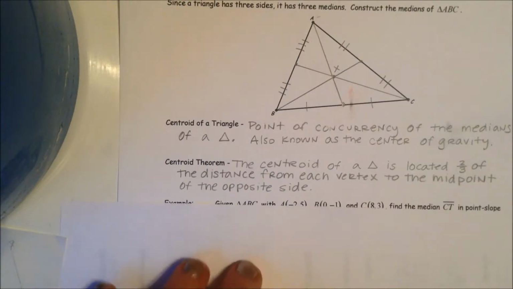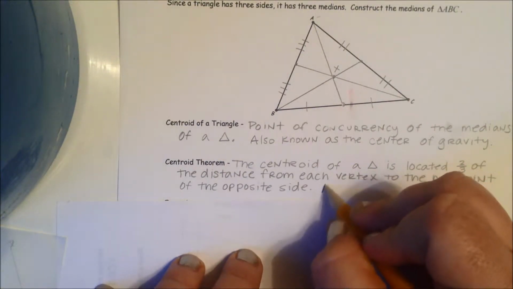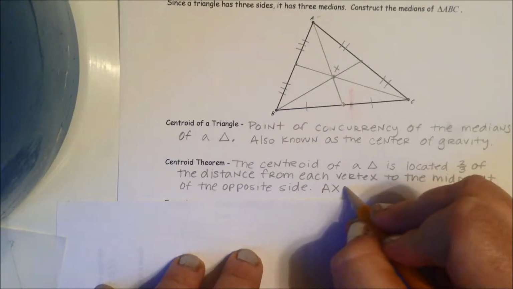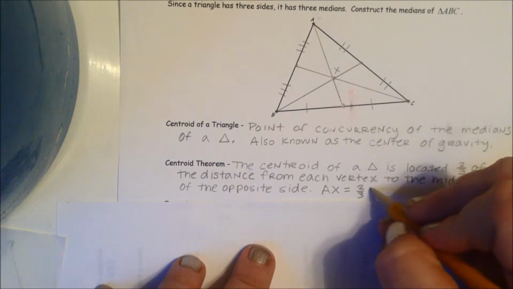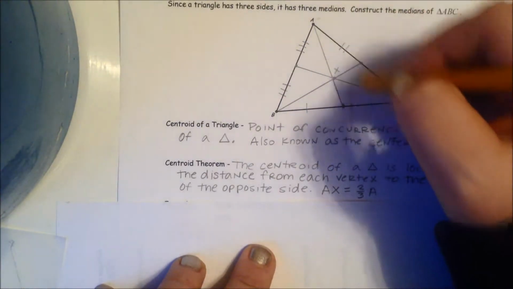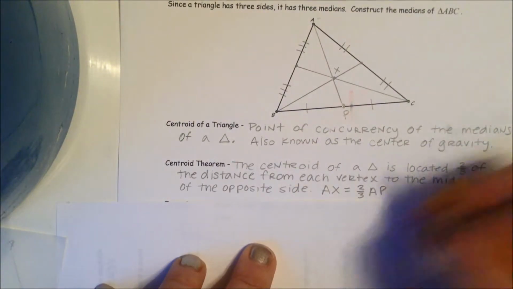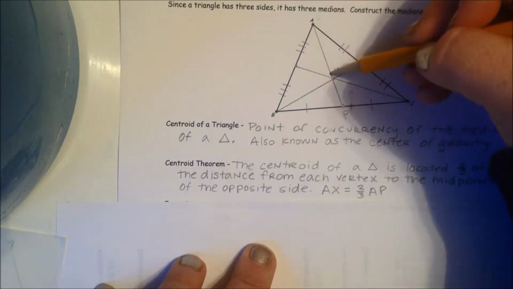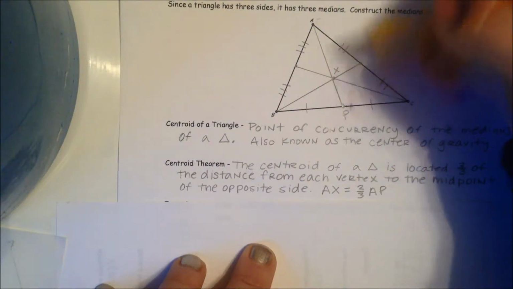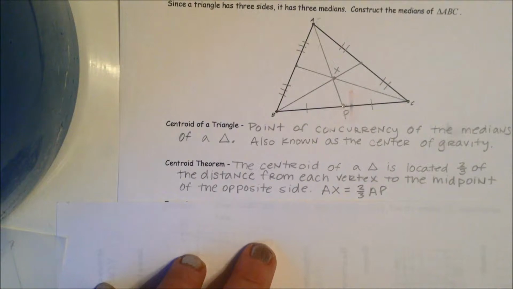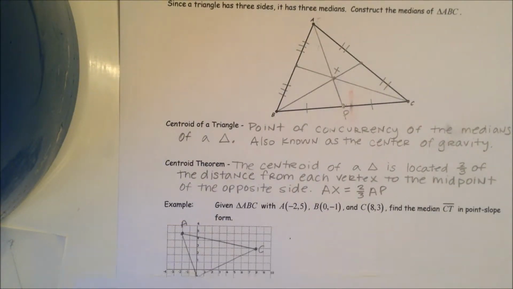So that means that from A to X is equal to 2/3 of from A to, I guess we'll call the midpoint of this opposite side P, from A to P. This length right here is 2/3 of this whole distance. This part's 2/3, this part would be 1/3, of the whole thing. So let's look at using that. So let's look at the first example.